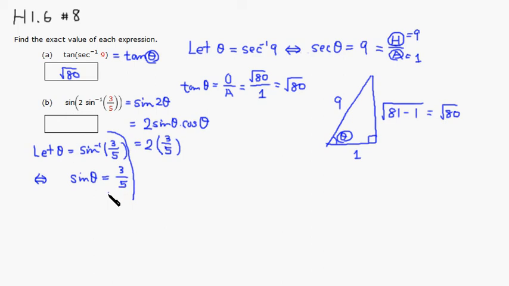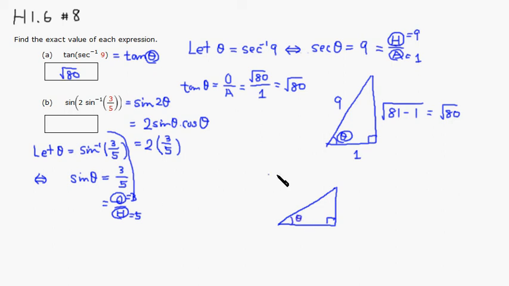Sine of theta is, sorry, opposite over hypotenuse. So we can take the opposite to be 3 and the hypotenuse to be 5. Now we have a right triangle, and this is the angle theta.